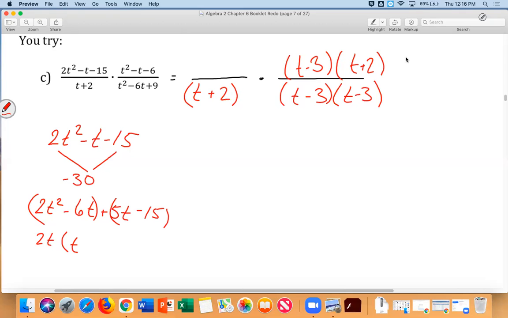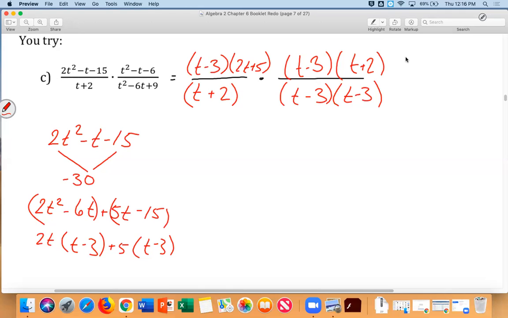That leaves me with t minus 3. And in the back bit, I factor out 5. And that leaves me with a t minus 3. So this 2t squared minus t minus 15 factors to t minus 3, that's what they shared, and what's left is 2t plus 5.